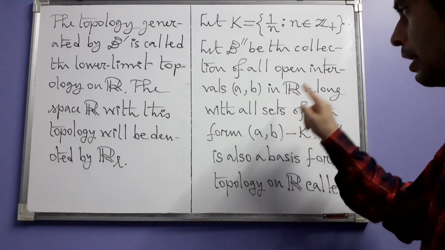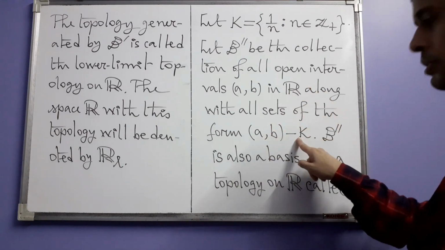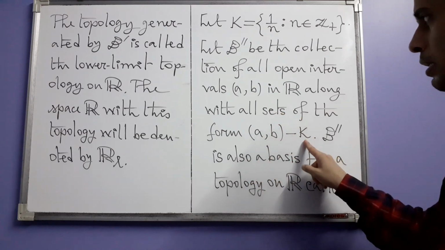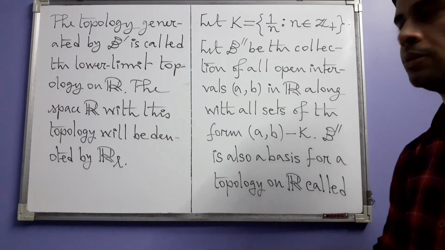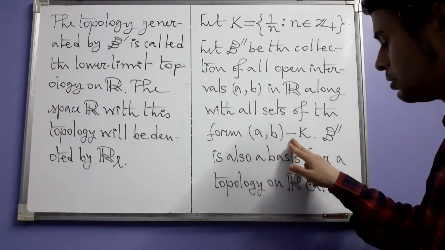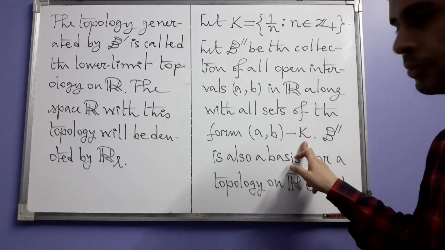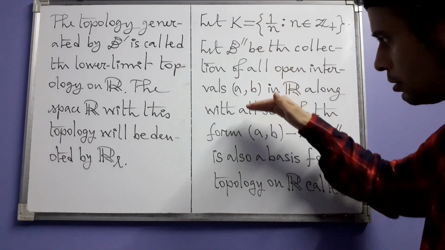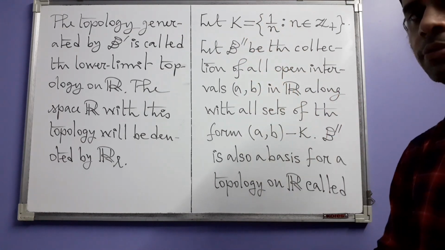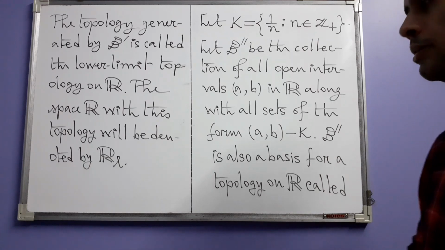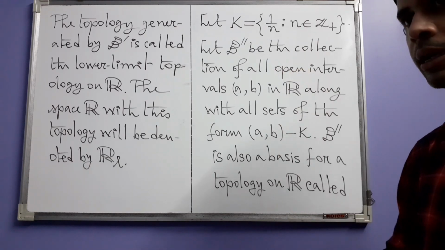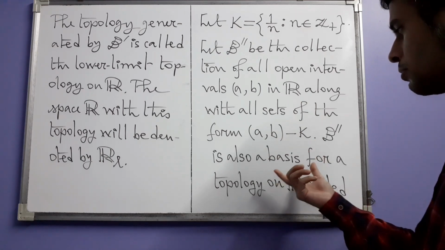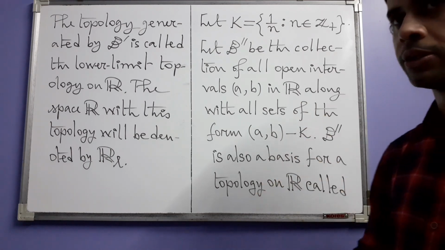Along with all open intervals, we include sets of this form, open intervals again from which the set K has been removed: the open interval A comma B, set difference K. So this B double prime consists of all objects of these two forms. And just like the two other collections B and B prime, this third collection also turns out to be a basis for some topology on R.